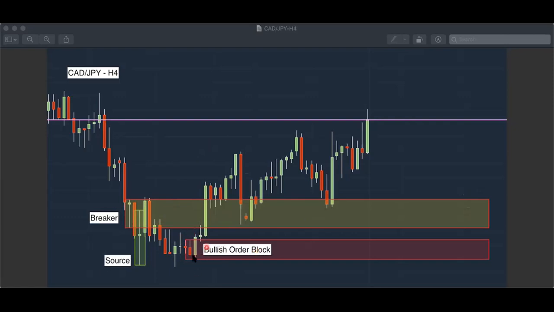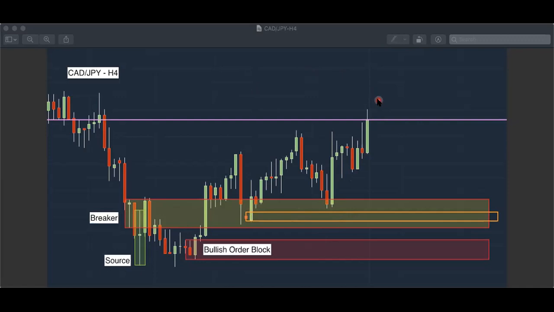So we have the bullish order block, and here we got a breaker, price push up, push down, and we got another breaker here, as you can see. Sorry, another bullish order block here. And then you can see the price pushing up, coming back down to retest this order block, plus visiting breaker again to push back up.